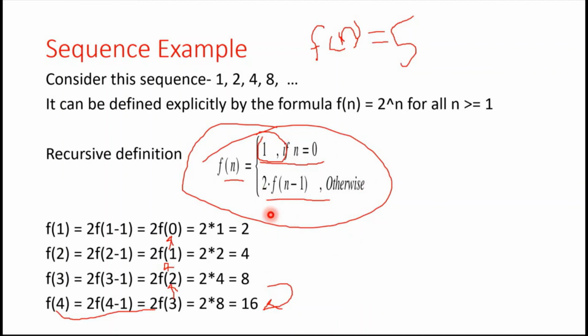While writing the recursive definition, you should first write the main condition. This is the final condition, and after that, according to this main condition, you can write the base cases. In this way you can write a recursive definition of a particular function.